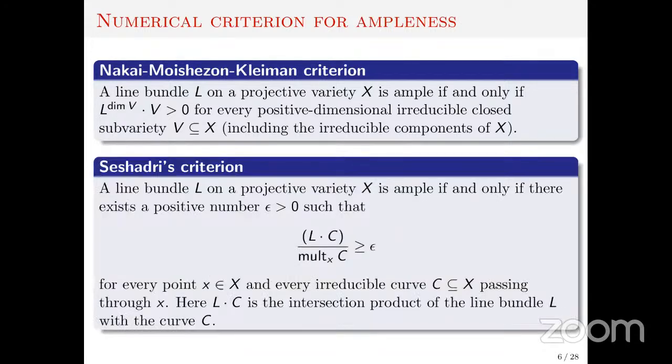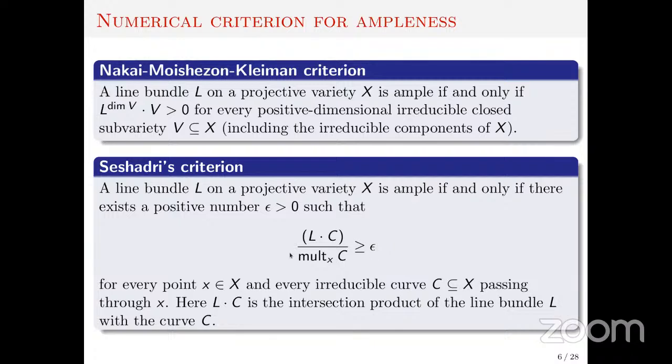And the other criterion is due to Seshadri, which is that a line bundle is ample if there exists a positive number epsilon such that this fraction, L dot C divided by the multiplicity of the curve C at the point x, is bigger than or equal to epsilon.